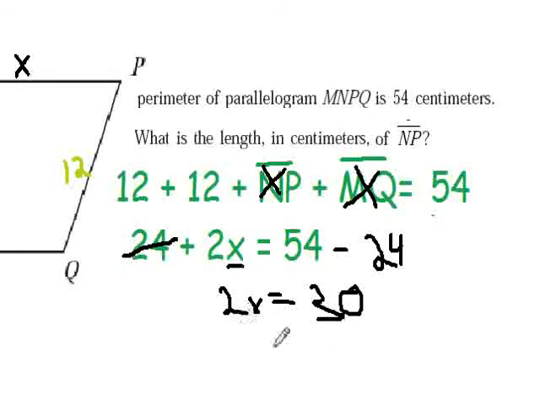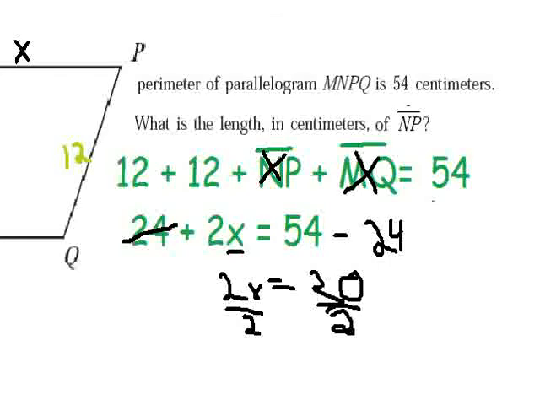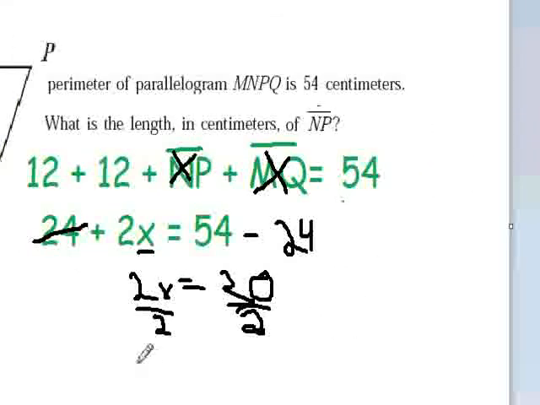I'm going to try to isolate this X, and I'm going to subtract 24 from both sides. So if I subtract 24 from the left side, 24 subtract 24 is going to be 0. And then I'm going to subtract 24 from the right side.